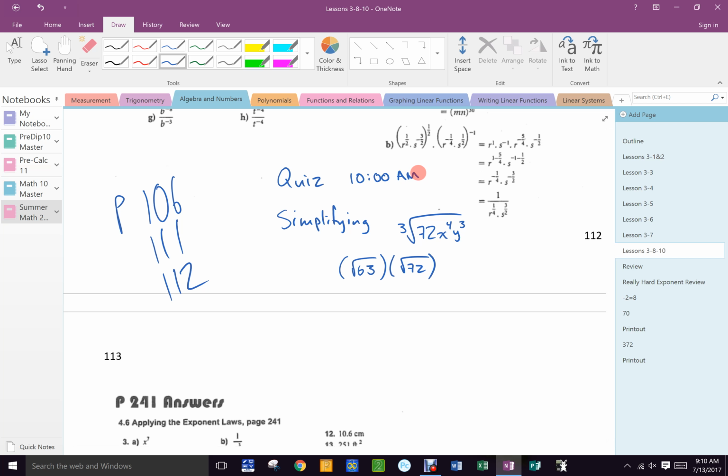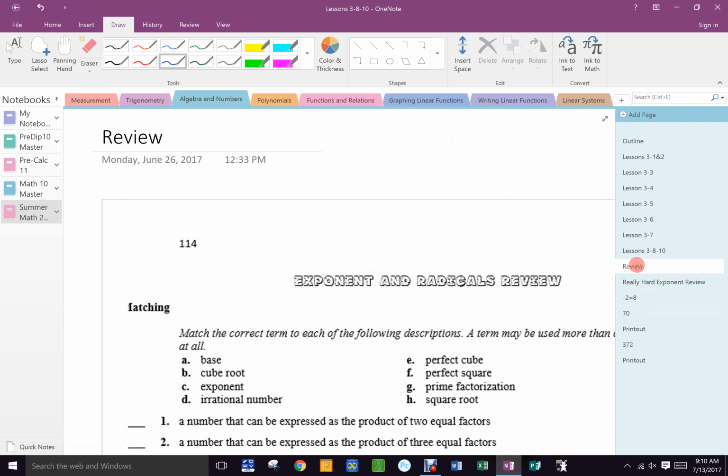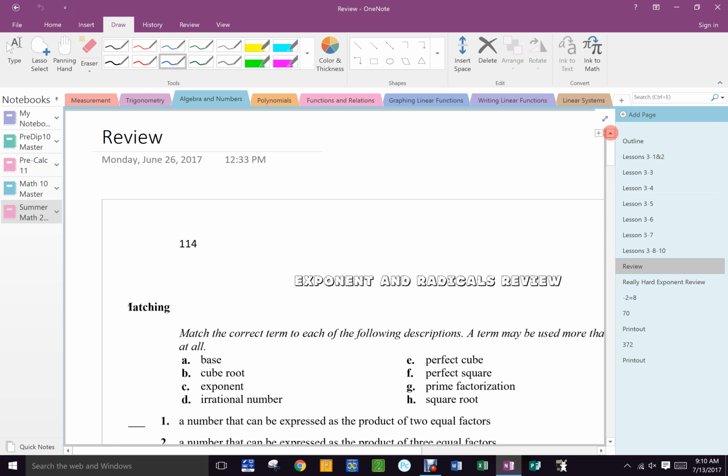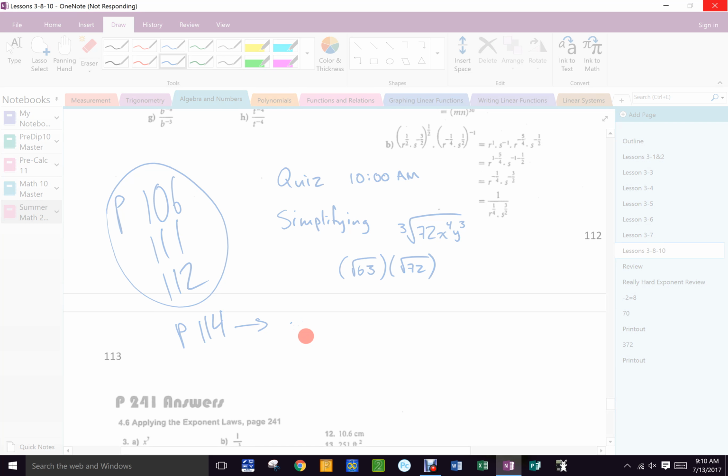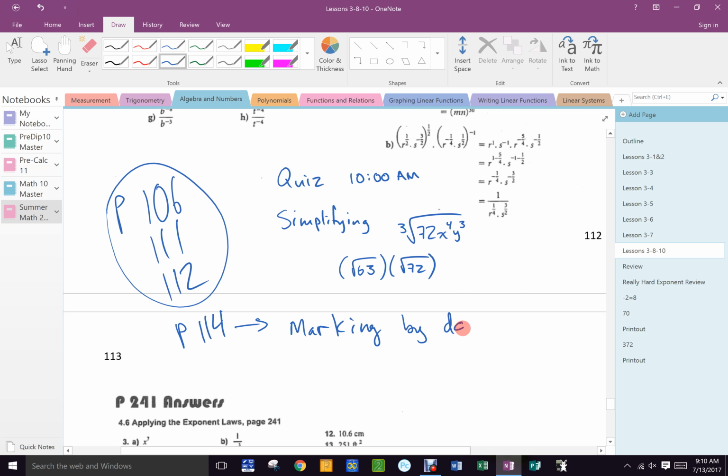After you have done your quiz at 10 o'clock until the next break, you're going to work on your review, which starts on page 114. And page 114, we are marking by day's end.